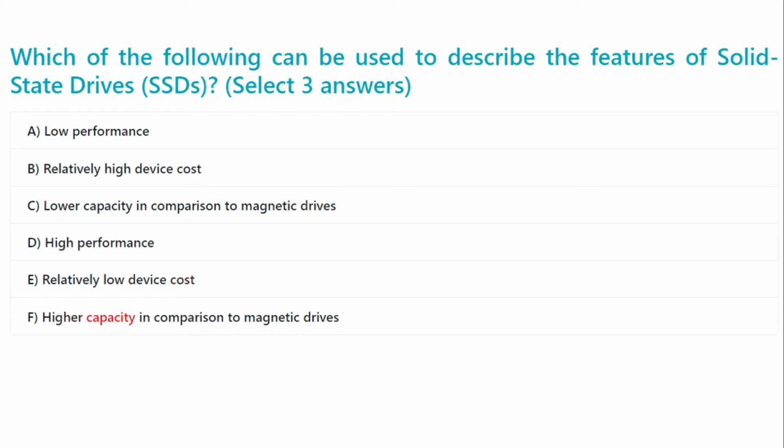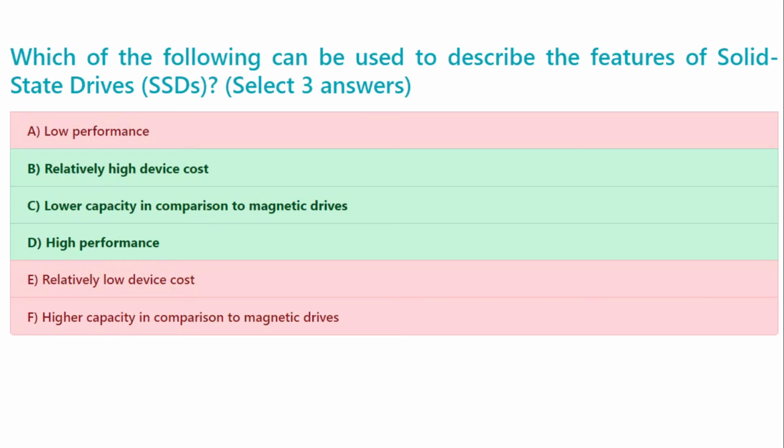F. Higher capacity in comparison to magnetic drives. The correct answers are B. Relatively high device cost. C. Lower capacity in comparison to magnetic drives. D. High performance.